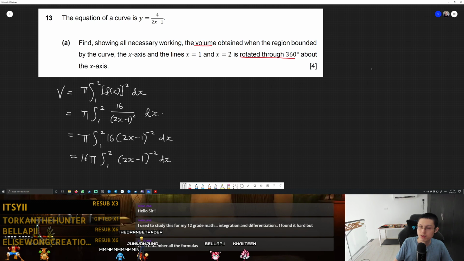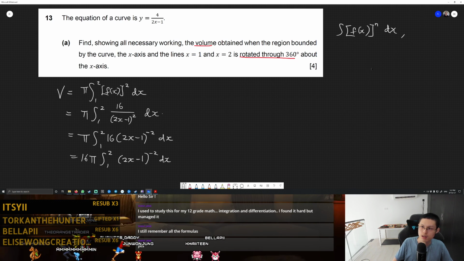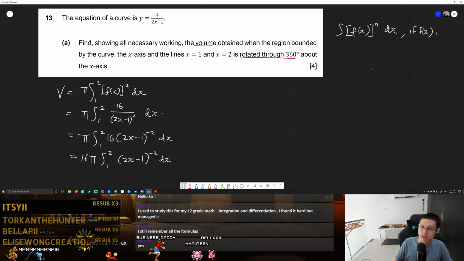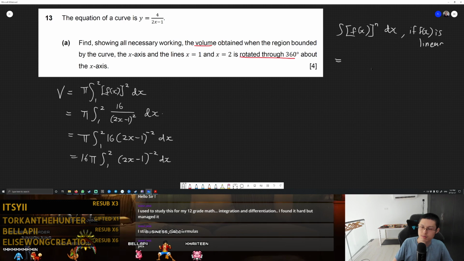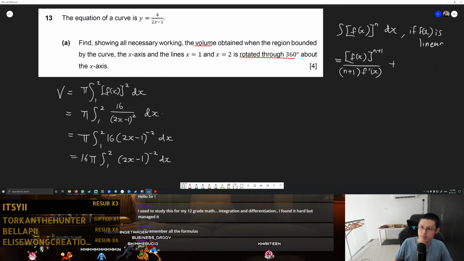So remember, whenever you try to integrate some function to some power, and if the function is linear, you would get f(x) to the power n plus 1 over n plus 1, and then the derivative of the function down here, plus c.